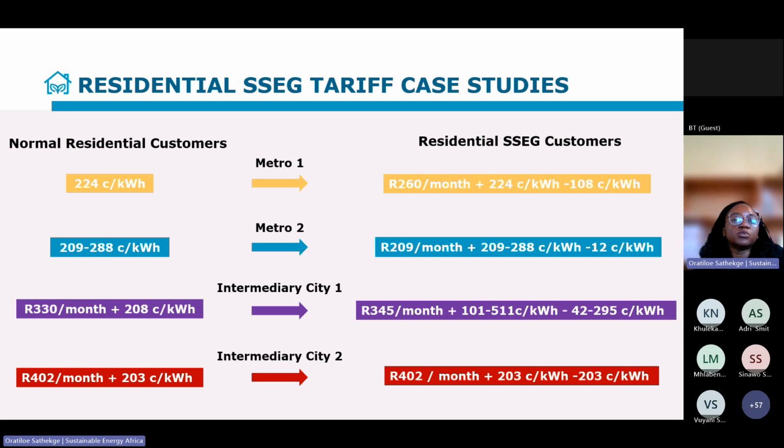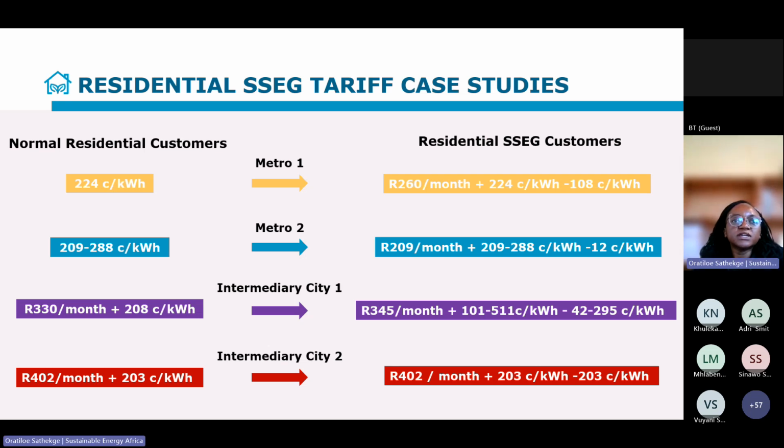For Metro 1, we introduced a basic charge, and for Metro 2, we also introduced a basic charge. The difference between the 2, let me use a laser point because I'm great.